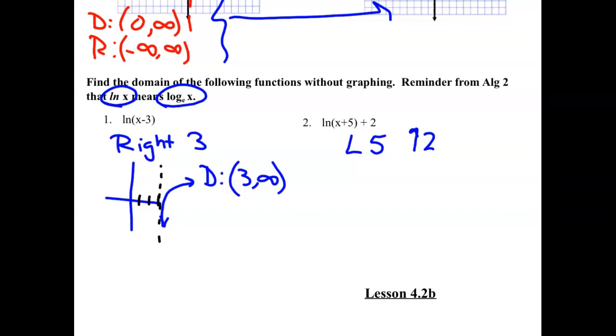So if everything shifts to the left 5, we now have a vertical asymptote at x equals -5, which means that our domain would be everything above -5. Okay, so we should be able to make those predictions without actually having to graph it.